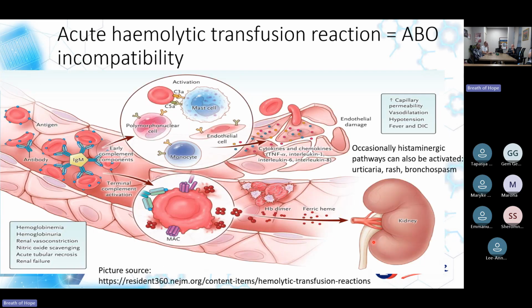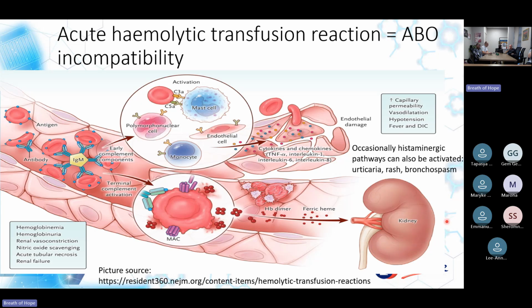And just to dive more deeply into what happens with ABO incompatibility, your IgM antibodies would then bind to the transfused red cells, and this causes an inflammatory cascade. You have complement activation, which creates membrane attack complexes, which causes intravascular hemolysis with the release of hemoglobin dimers and heme.